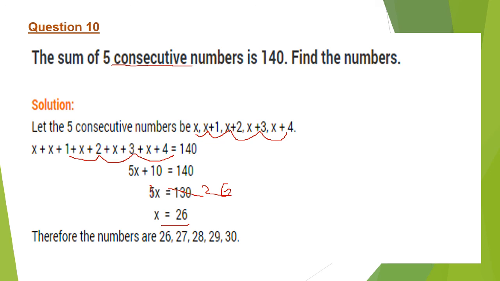We got the first number as 26. Then the next number is 27, the third number is 28, 29, 30. See, if we add all these terms, we get the sum as 140, children. I hope this is a simple problem and easy to solve. I hope you understood this, children.